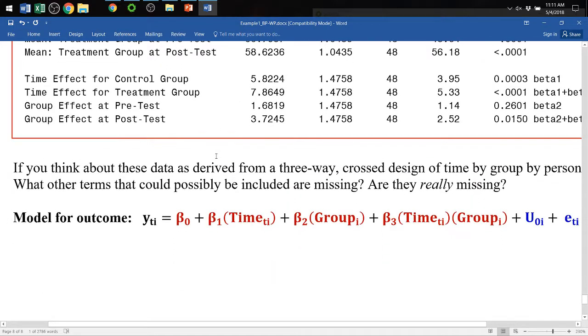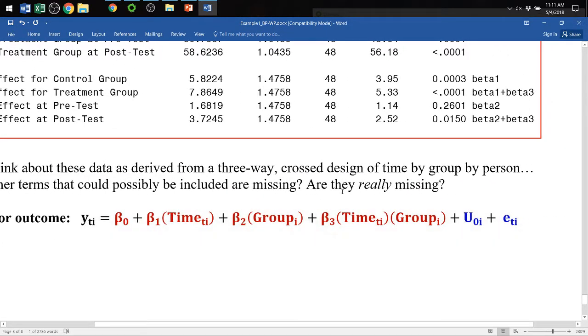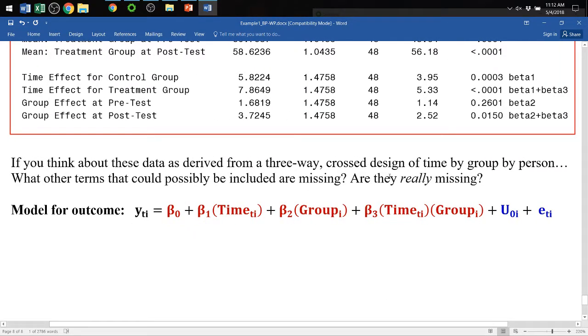Okay, so continuing along the ANOVA analogy then, here's my model. What if I thought about this model, instead of a two-way time by group design, as a three-way design, where I throw in person as another factor? I could do that.